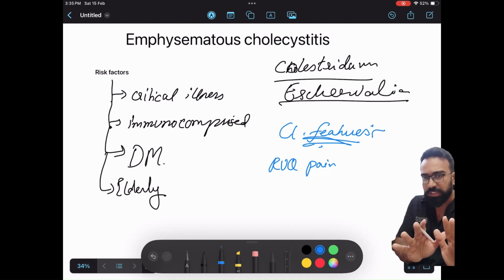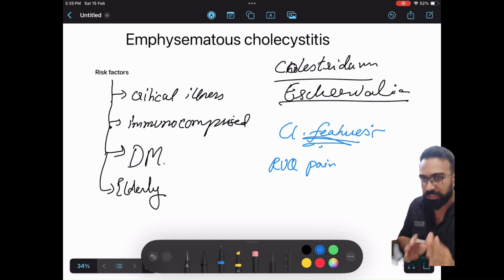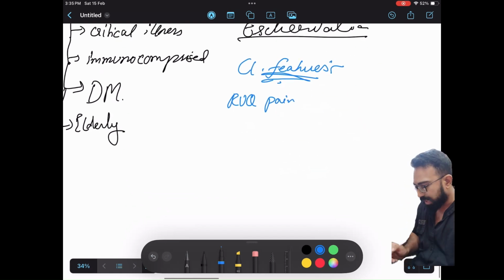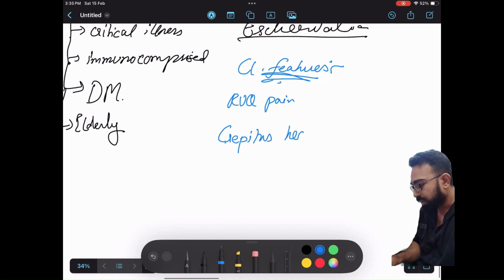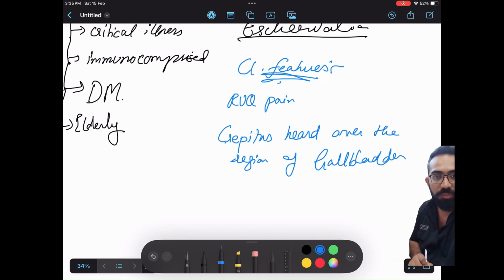We know that it is a disease of the gallbladder, but what makes it stand out is that sometimes, not always, there is a crepitus heard over the region of the gallbladder in the anterior abdominal wall.